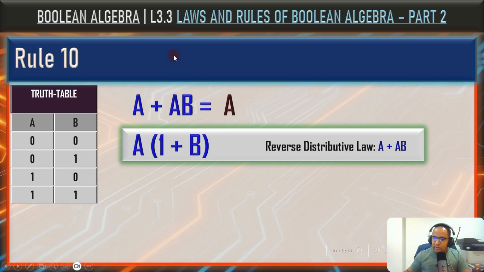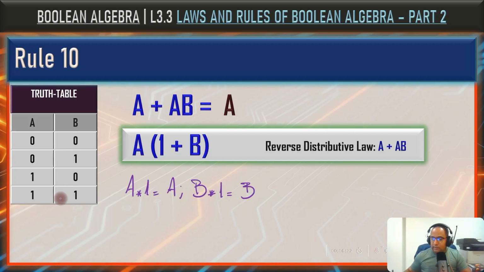Now, let me explain where this 1 comes from. Think about this. Multiplying anything by 1 always results in the same thing. So, A multiplied by 1 is still A, okay? And B multiplied by 1 is still B. This is true in regular mathematics as well.